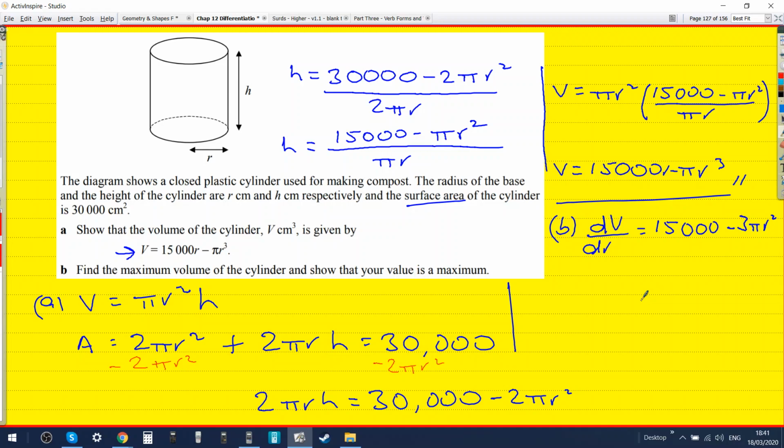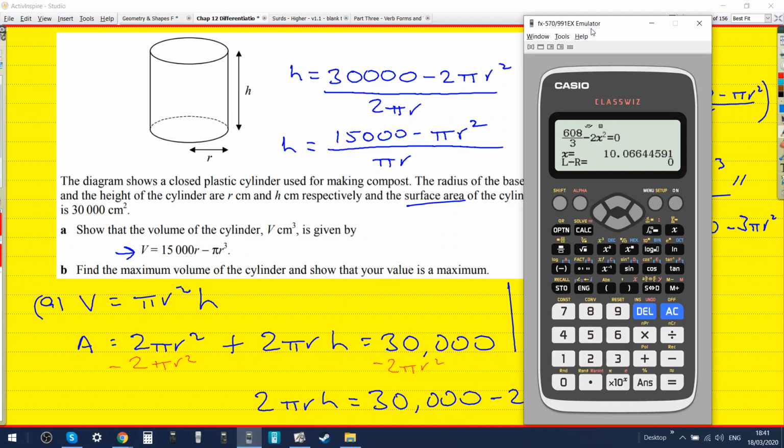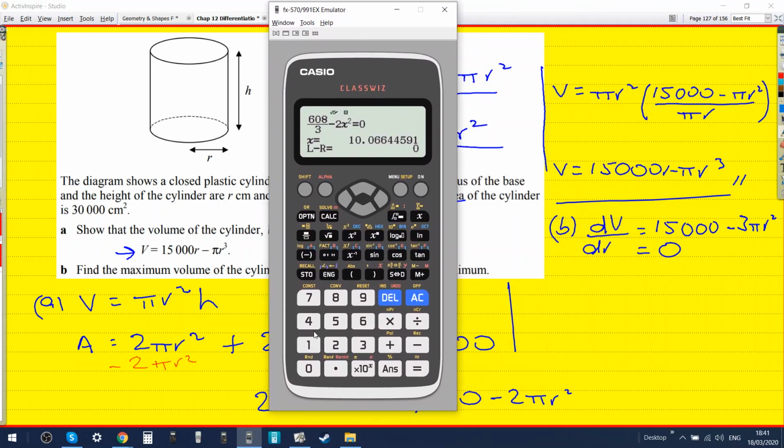But we don't have a value. Do we have maximum equals 0? So 15,000 equals 3 pi r squared. So 15,000 divided by 3 equals 5,000.